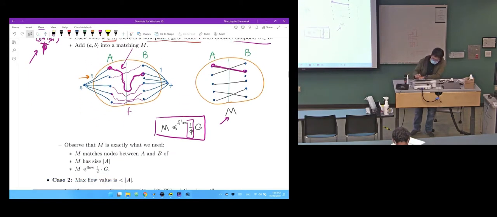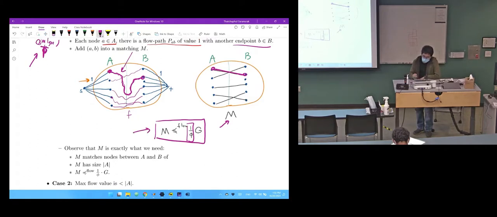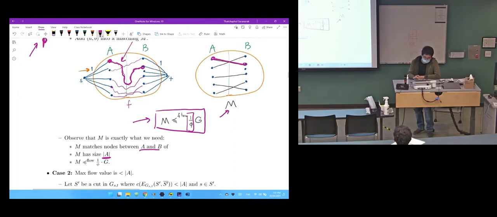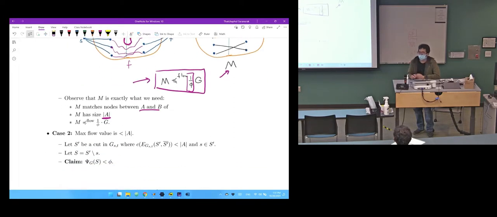Okay. Anyway, now you have a matching that is embeddable into G. And this matching is between the nodes A and B and has size exactly A. So this is what we want exactly. So that's the first case. You really successfully embed a matching into the graph.